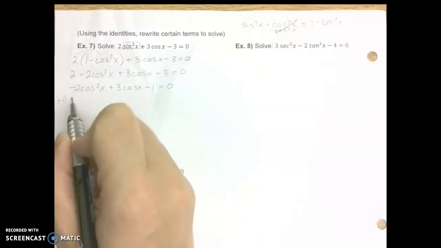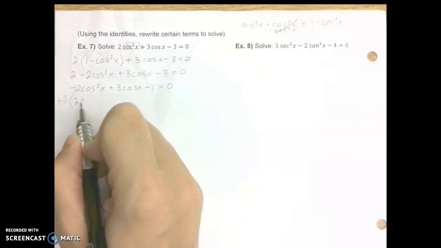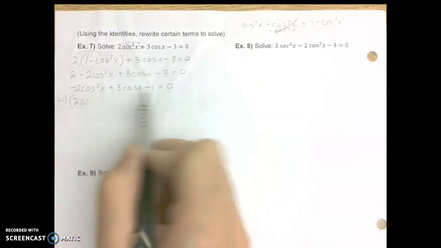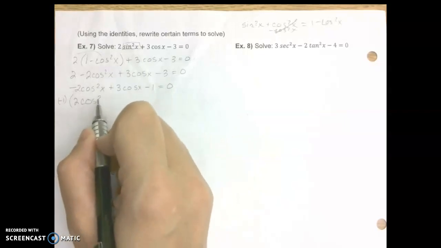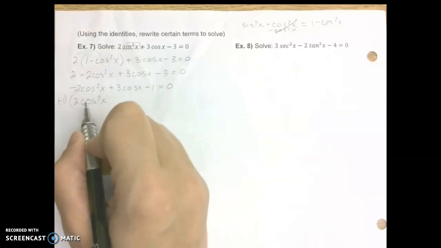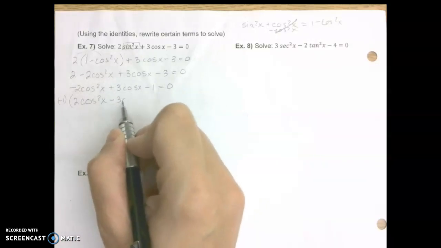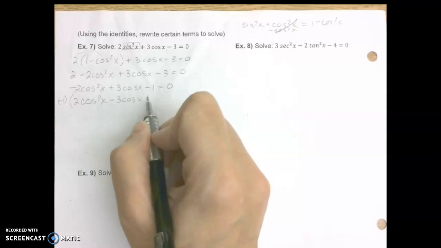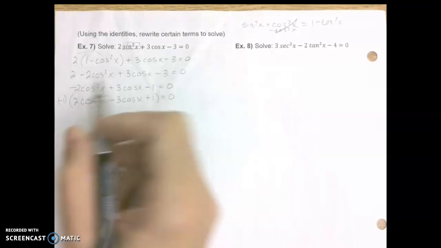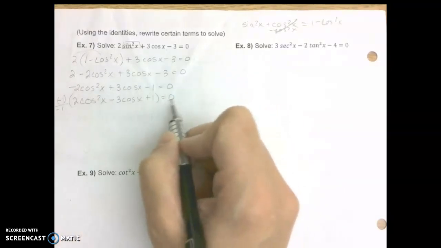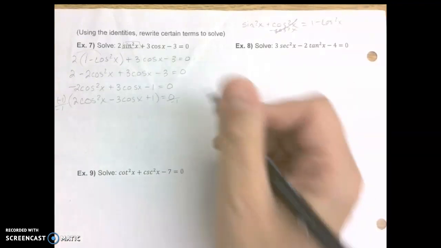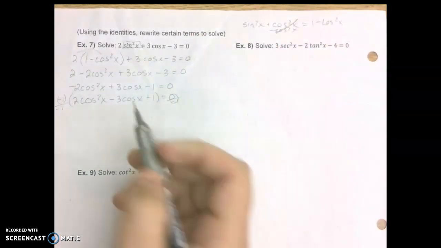Basically, when I factor out a negative 1, I'm left with the opposite signs of everything. So this will now be a positive, 3 cosine x will now be a negative, and this will be a plus 1. If I divide by a negative 1, I still am left with 0.